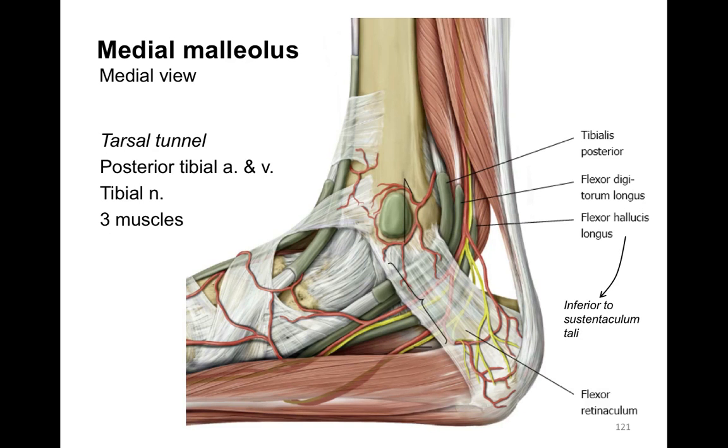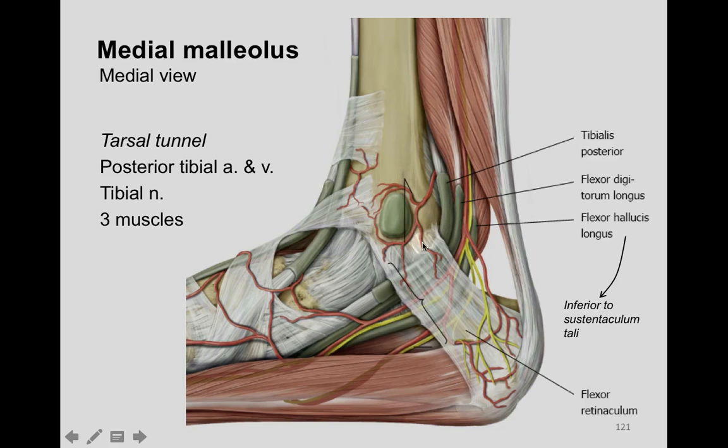Other structures that we can then find layered on top of the deltoid ligament include the structures that pass through the tarsal tunnel. The tarsal tunnel is formed by the flexor retinaculum, which extends from the distal end of the fibula down to the calcaneus. So this is analogous to the flexor retinaculum at the wrist.